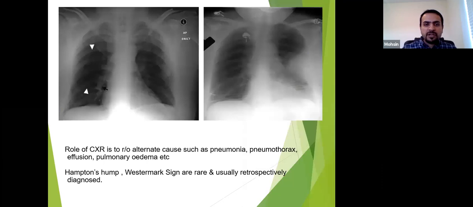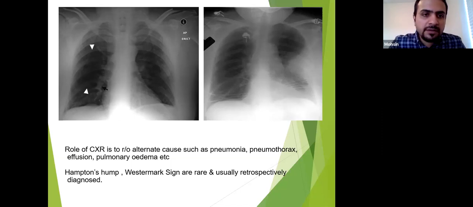And these are just a couple of pictures of what we are told about chest X-rays. A normal X-ray is normally found, but as I said, on the picture on the left you can see an area of decreased vascular markings on the right side of the lung, and the white arrowheads indicate what is called the Westermarck sign.